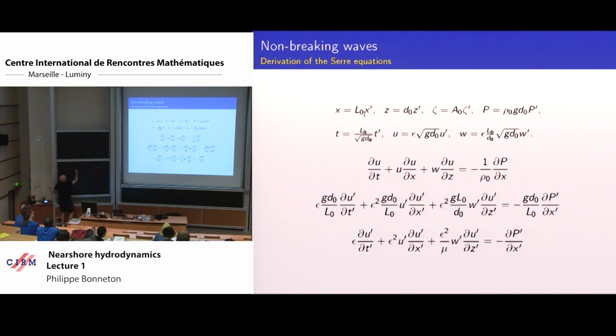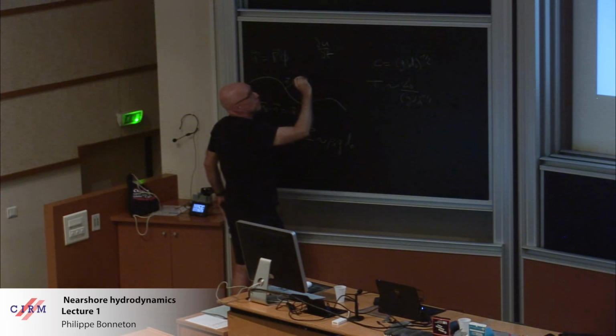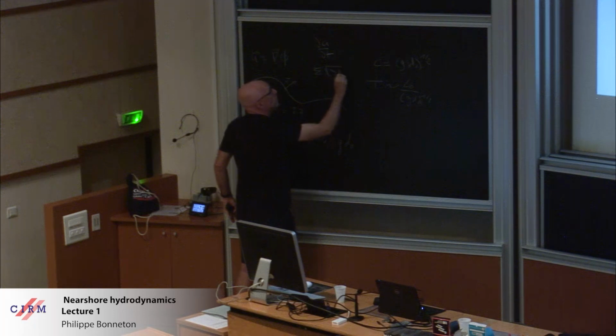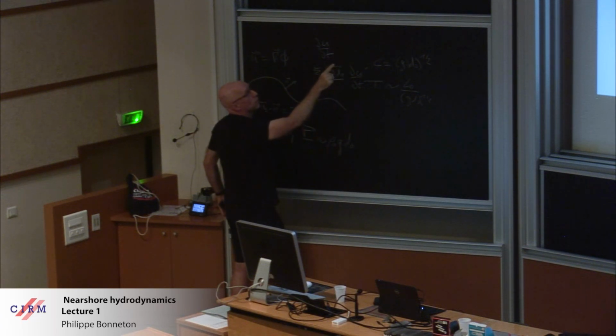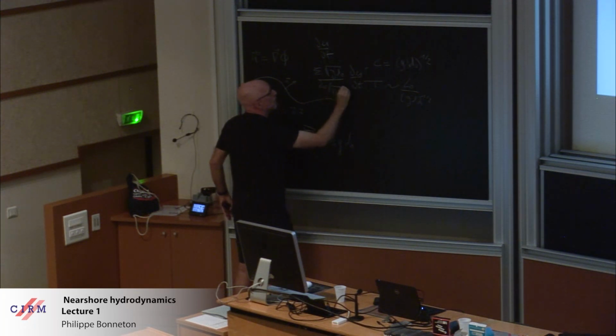You replace, for instance, du/dt: you replace u by its dimensional value, epsilon root g D0 u prime, and dt by dt prime, where the order of magnitude of t is L0 over root g D0.